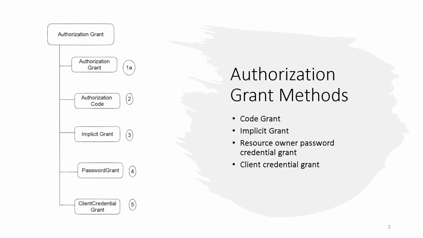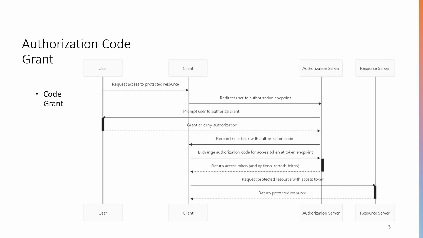The implicit grant method: the user authorizes the client via browser, and the client gets the token directly. And then the other method is resource owner password grant, in which the user gives credentials to the client, and the client gets a token with the credentials. And then finally, the client credential grant, in which the client gets the token with its own credential. The authorization code grant is the most common method and is recommended.